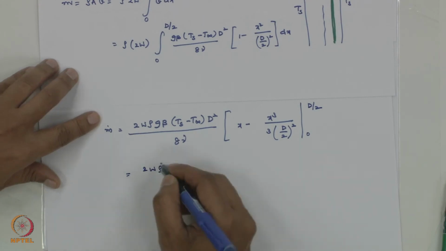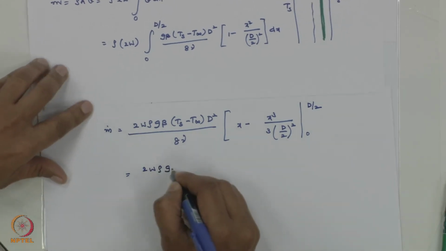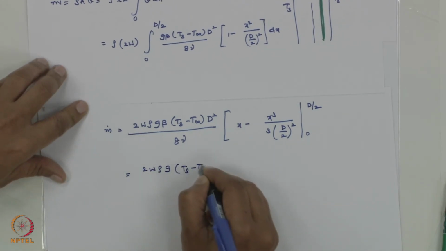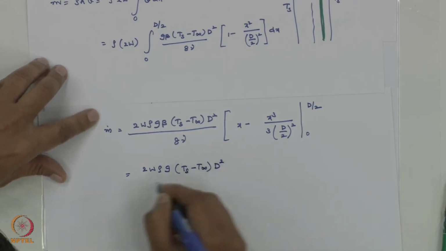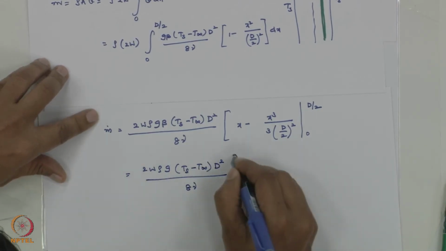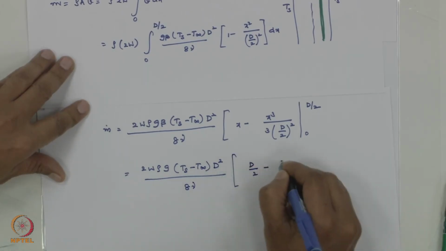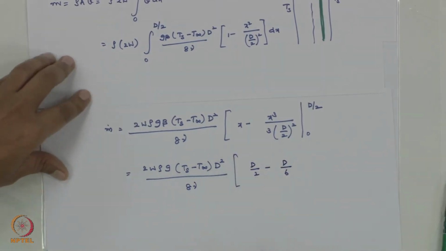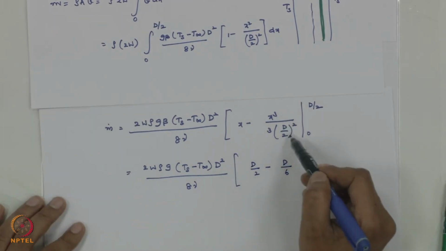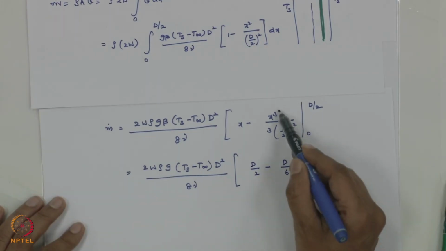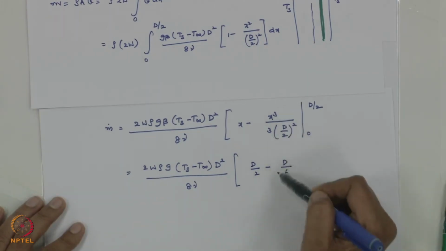So you get 2w rho g beta Ts minus T infinity into d squared upon 8 nu into d by 2 minus d by 6, that is d by 2 whole cube by d by 2 whole square, d by 2 by 3, so you get d by 6.